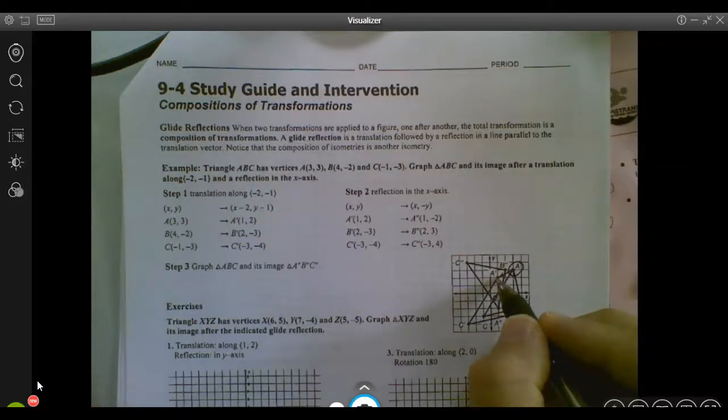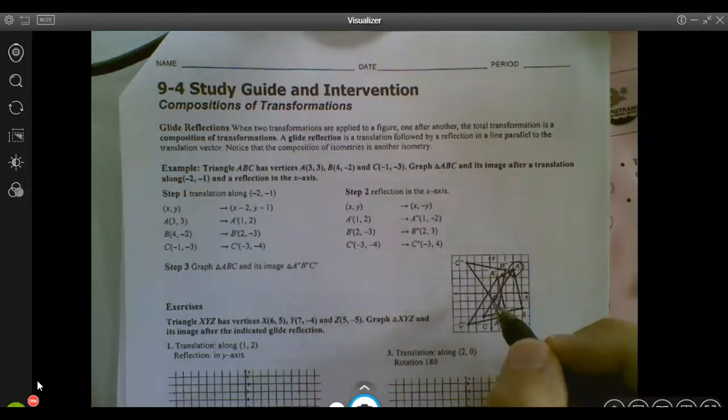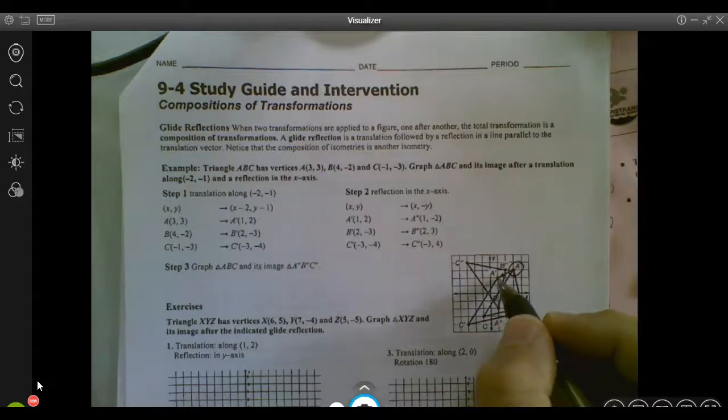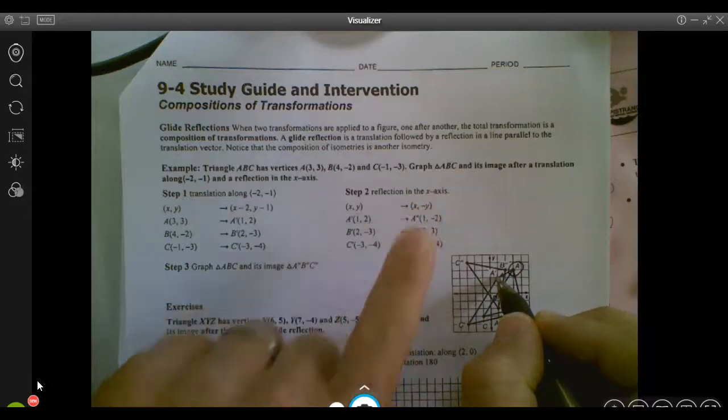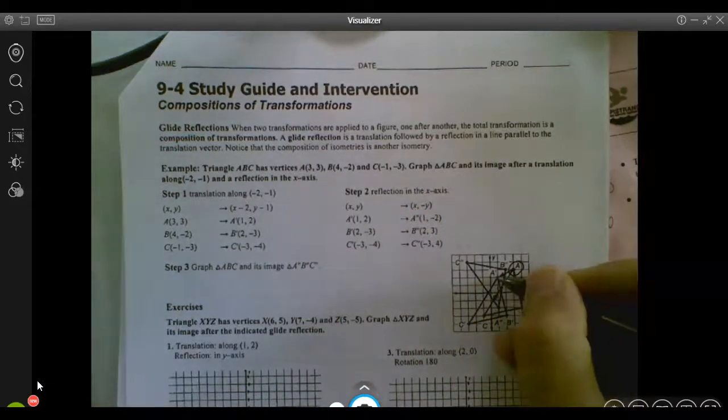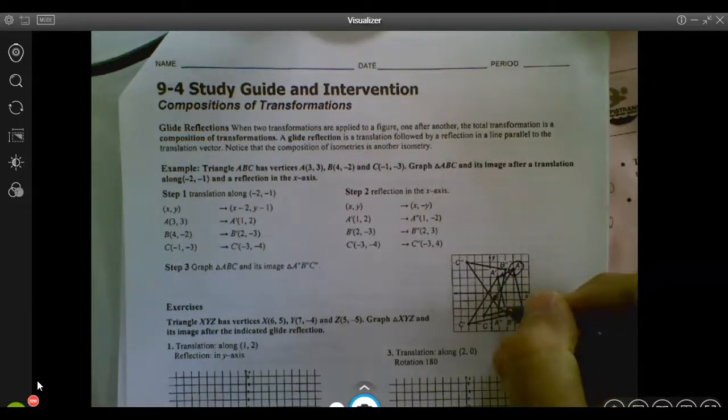Notice that after the first move, they put a prime, just like we've been doing before. But then from there, they reflect that point across the x-axis. I'm going to take that value from A. It was 2 units above the x-axis. I'm going to reflect it so that now it's 2 units below the x-axis, and that's where I end up.